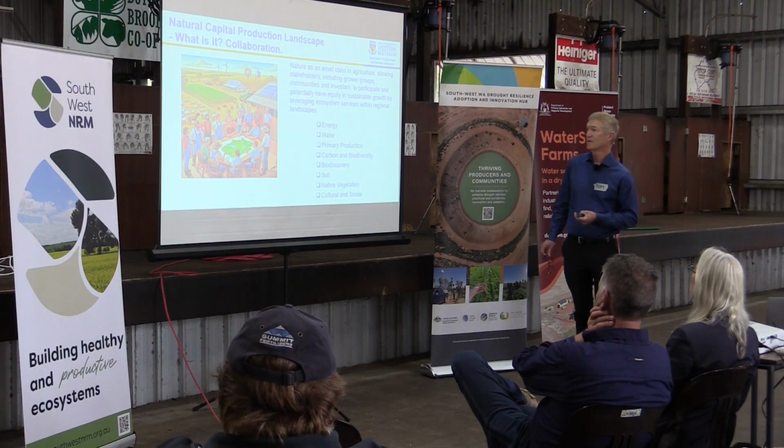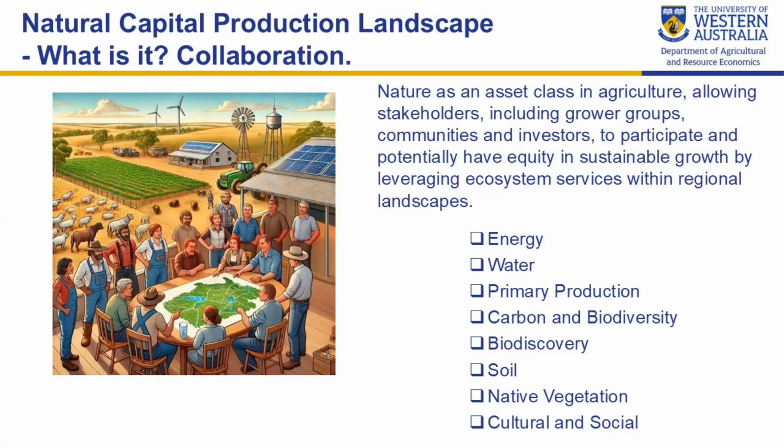So nature as an asset class in agriculture, allowing stakeholders, including grower groups, communities and investors, to participate and potentially have equity in sustainable growth by leveraging ecosystem services within regional landscapes. And this covers energy, water, primary production, carbon, biodiversity, biodiscovery, soil, native vegetation, cultural and social. So it's huge.